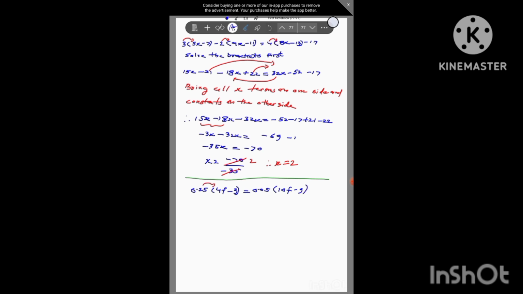Now you see this: 0.25 into 4f minus 0.25 into 3, equals... Now 0.25 into 4 is 1, so this goes to just 1f minus 0.75.